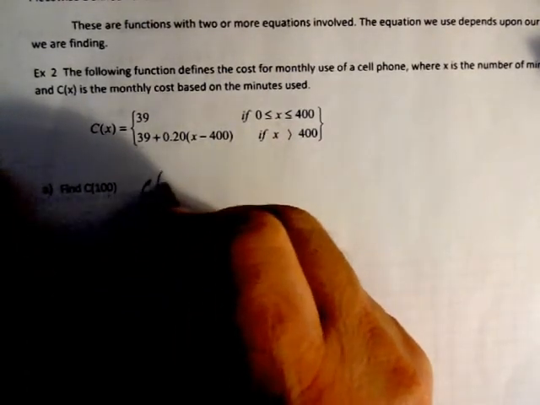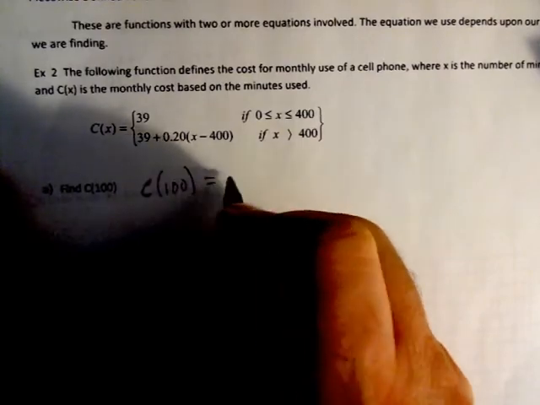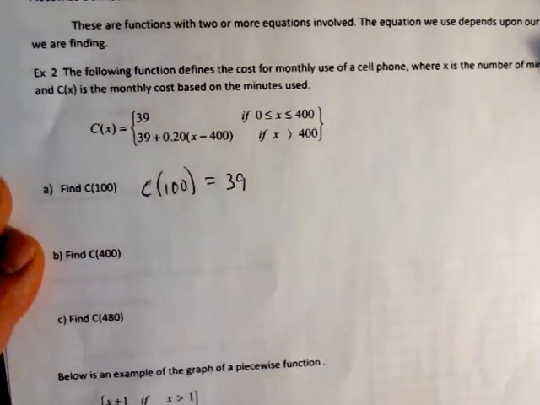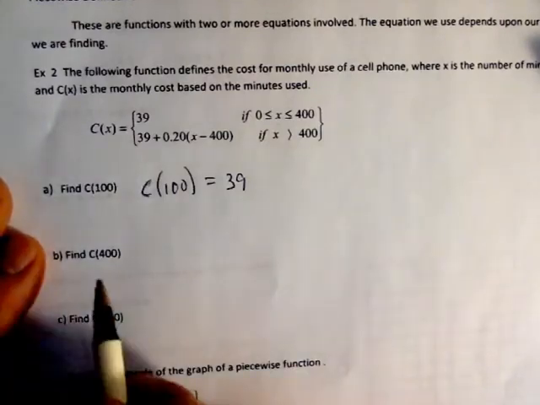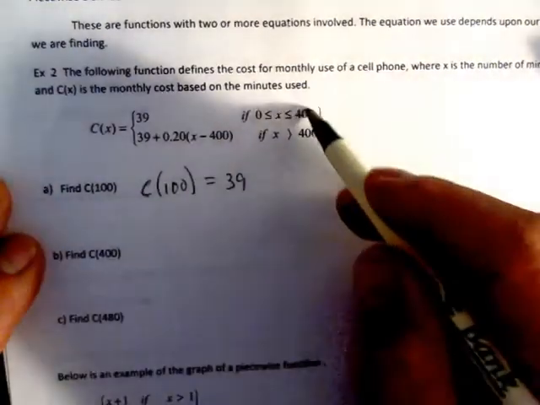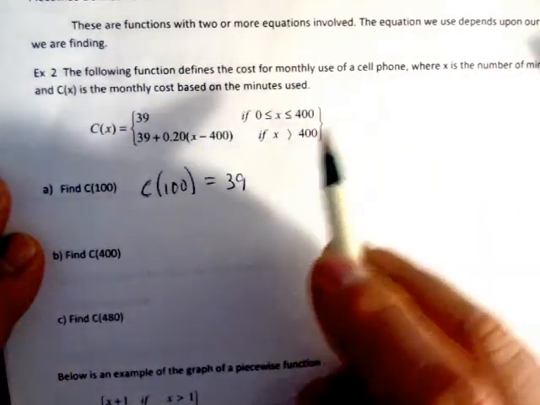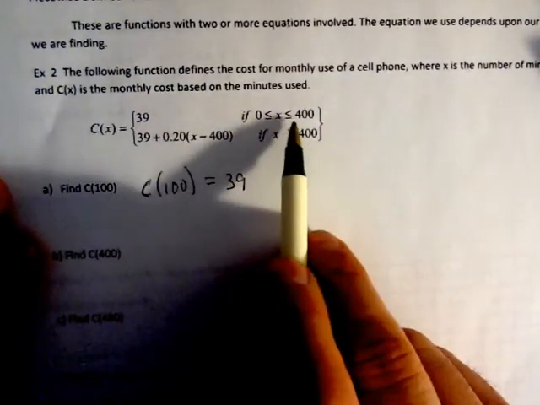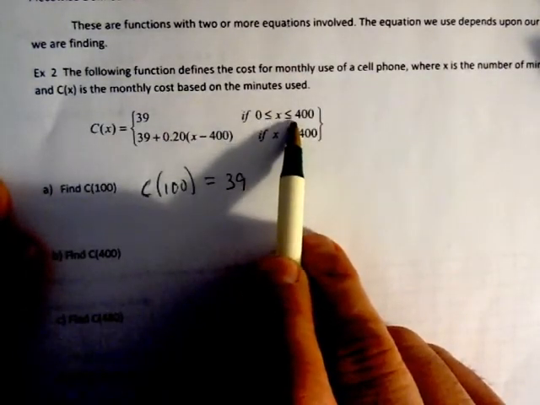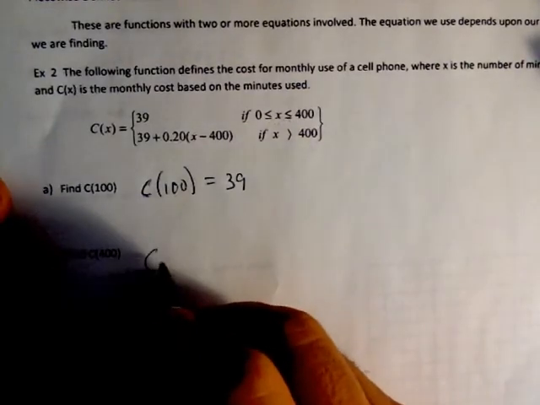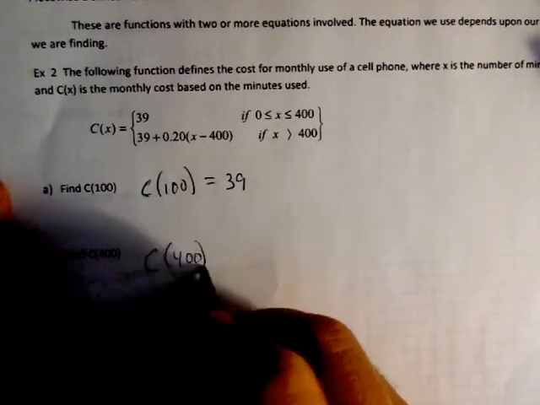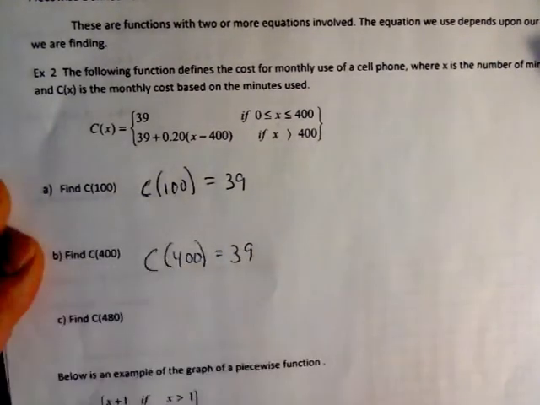So my cost of 100 is just $39. For part B, 400, well, you've got two 400s here, but this first equation is strictly less than or equal to 400. So if I have 400 minutes used, I still only pay $39.